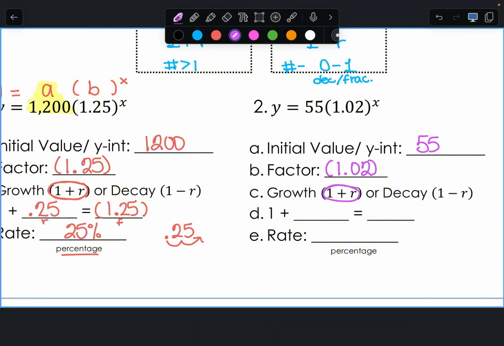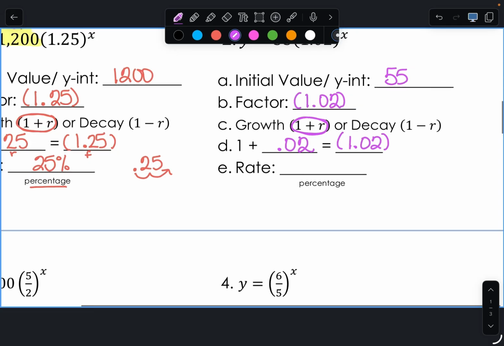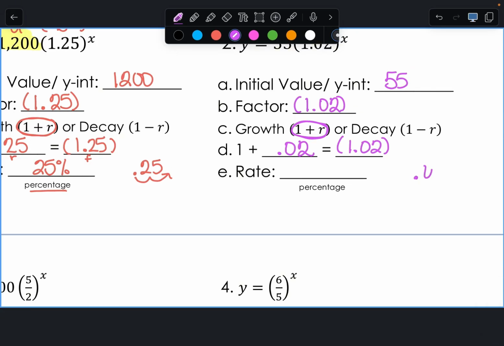Now, what did I have to add to 1 to get 1.02? 0.02. So if I change 0.02 back to a percent, it would be 2%. 0.02, move it over once, twice, that's 2%.